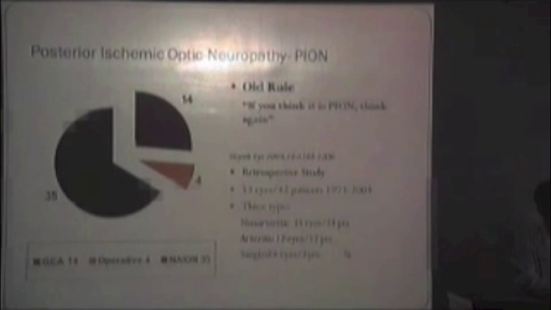Remember, the non-arteritic variety was 7 times more common in the anterior ischemic optic neuropathy. Here it is almost 1 to 3. So anytime I think of posterior ischemic optic neuropathy, it is almost always synonymous with GCA if the patient is older than 60 years. So I almost end up getting biopsies in all of these patients.